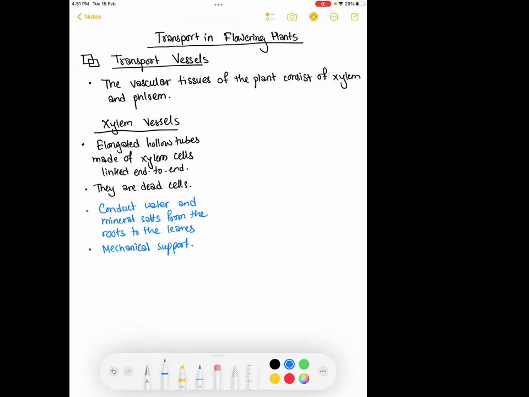I think we also talked about this in the first chapter.